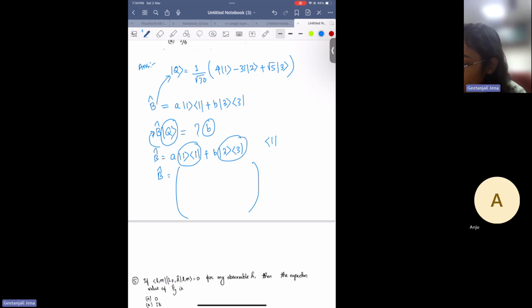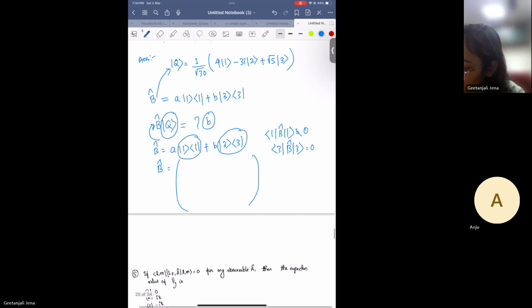So that means <1|B|1> is non-zero and <3|B|3> is non-zero. So this is a, this is b, and the other terms are 0. Right? So that means this is also a diagonal matrix, and the eigenvalues are nothing but the diagonal elements, which are a here and b here. So the eigenvalues are a and b.